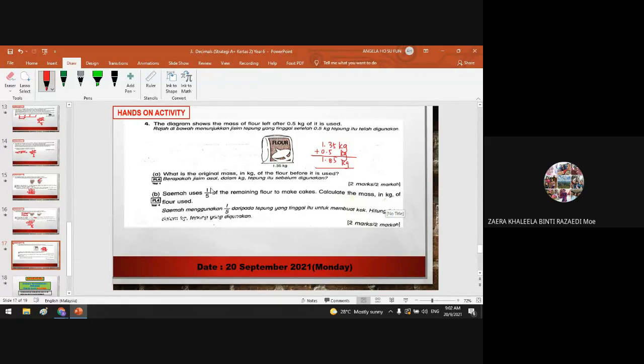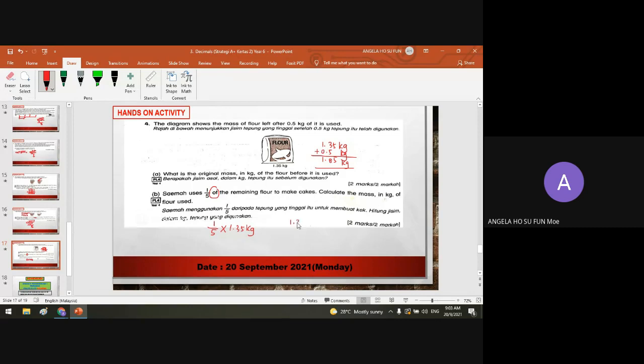Times. Okay, times. So 1/5 multiplied by the remaining flour, 1.35 kilogram. 1.35 multiplied by 1 is still 1.35. Then 1.35 divided by 5.